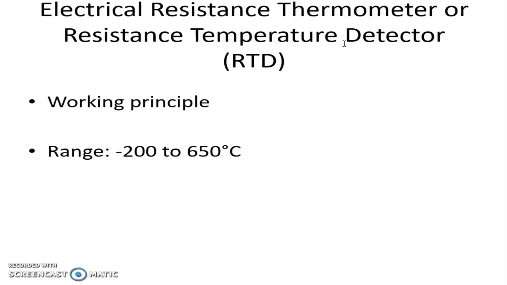In electrical methods of measurement of temperature, we convert the temperature, which is the non-electrical quantity, into a suitable electrical quantity. Then that electrical quantity is measured in terms of temperature.